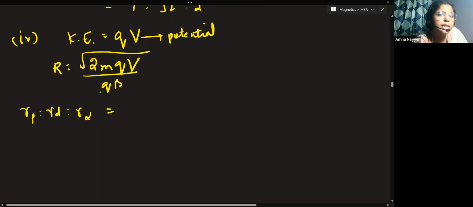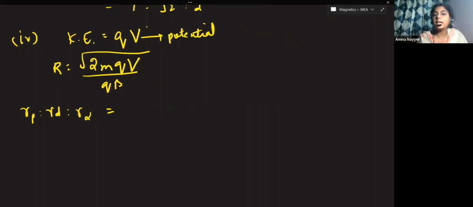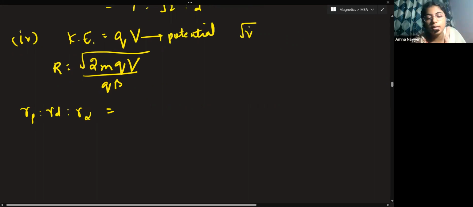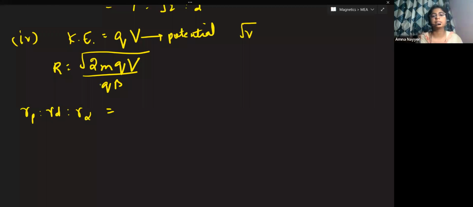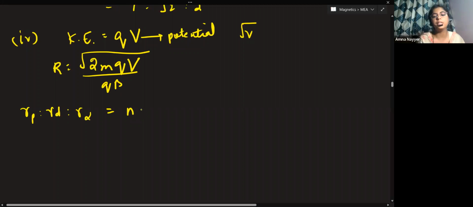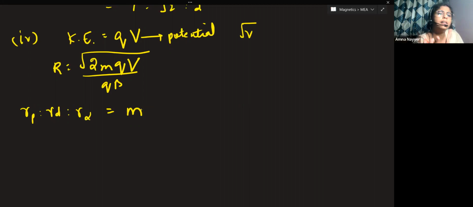B, magnetic field will get cancelled. Root V will also get cancelled because potential is the same. M will be there, mass will be there. And then charge can be written as root q divided by q.